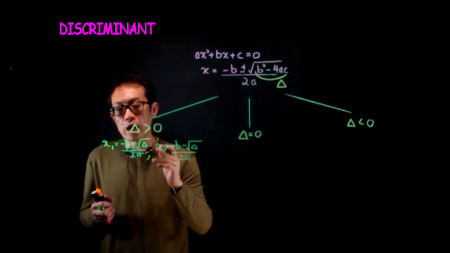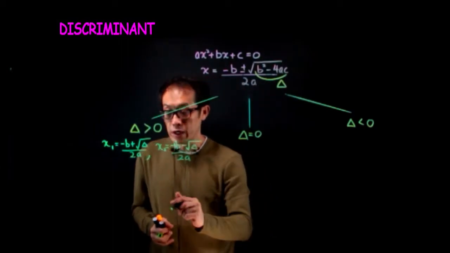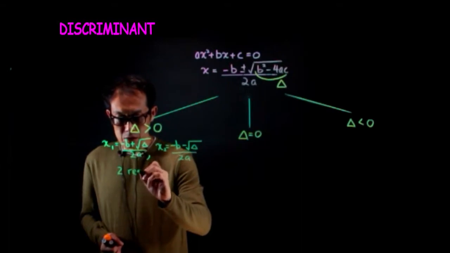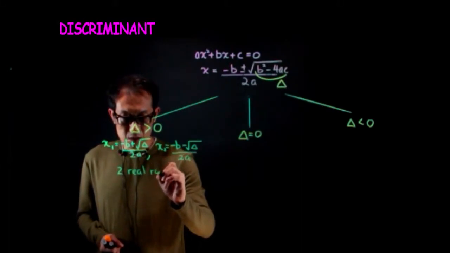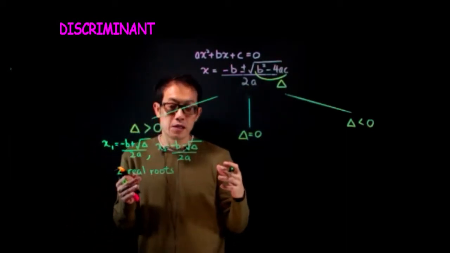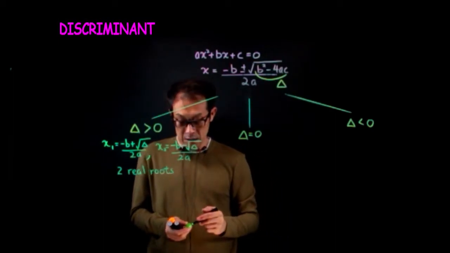So we will have two real roots. Now why is this called real? That means the roots are made up of real numbers.